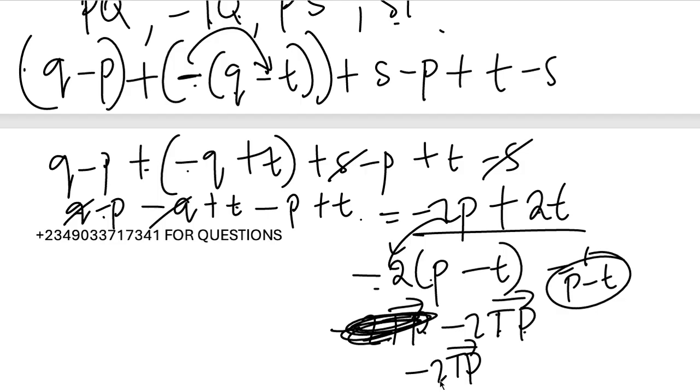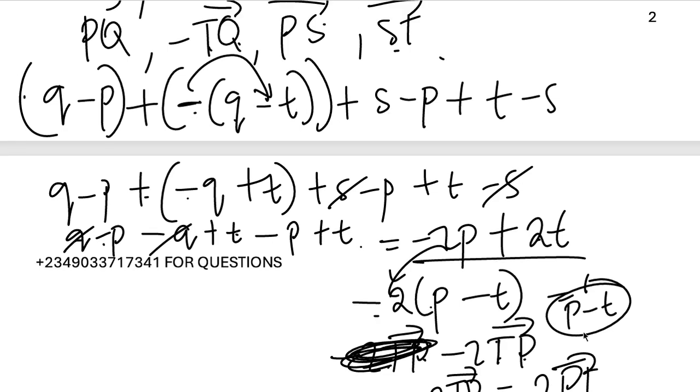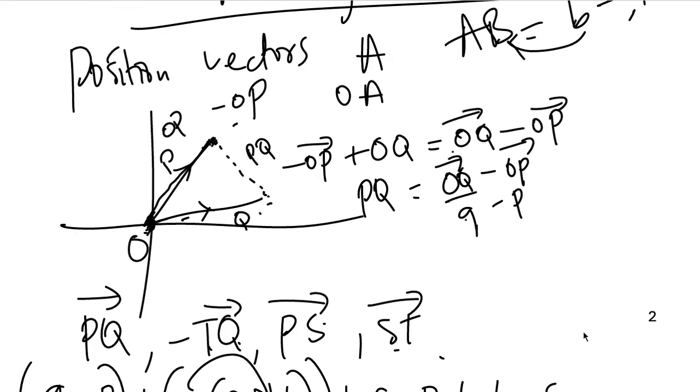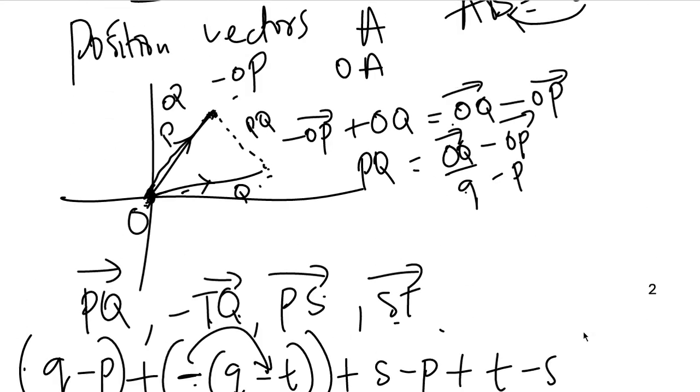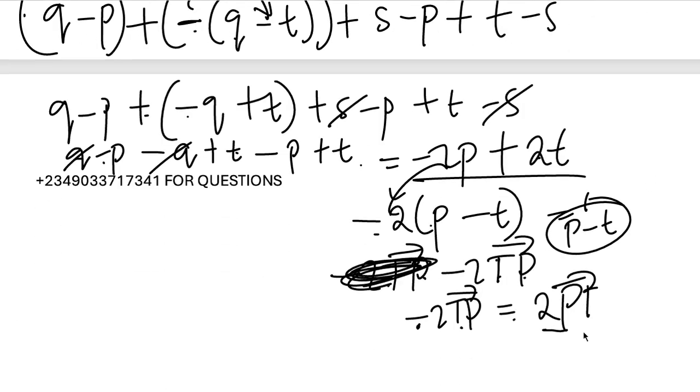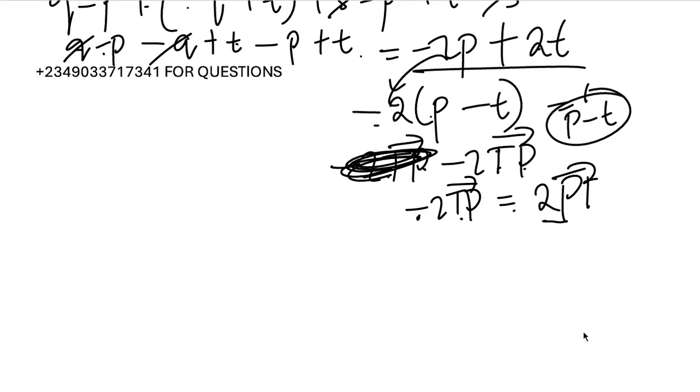So if we have negative 2 TP, it's same as 2 PT because it's the opposite direction. So if it's negative, we could change it to a positive by changing the direction, right? Just like if we have OP, and then if it's in the opposite direction, we could have it as negative of OP. So negative of 2TP is same as 2PT, right? Understood? So that's the sum.